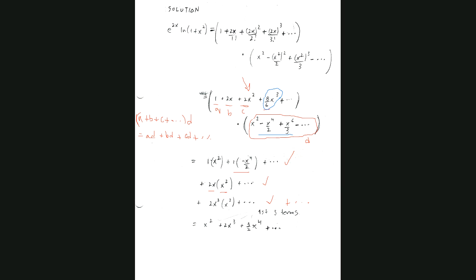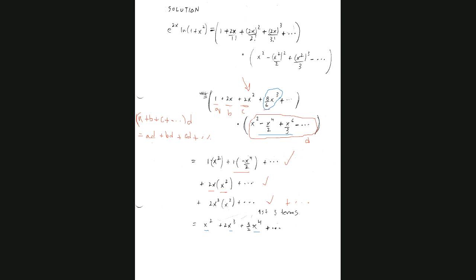So what's happening is, I only want the first 3 non-zero terms, and that's going to be just an x squared term, an x cubed term, and an x to the 4th term. I don't need to put any more in. And in WebAssign, they'll ask you a similar kind of question. But I do note that the 2x cubed, we know how we got that.